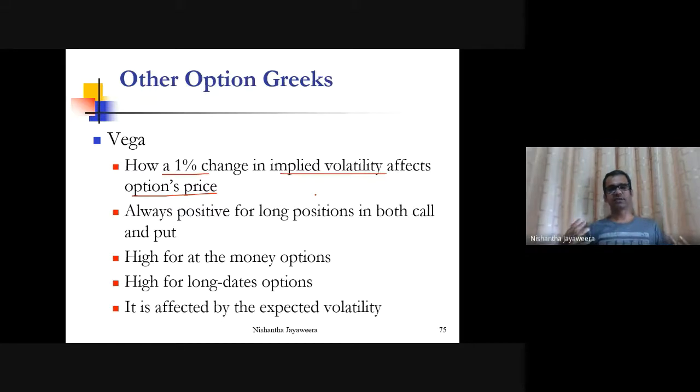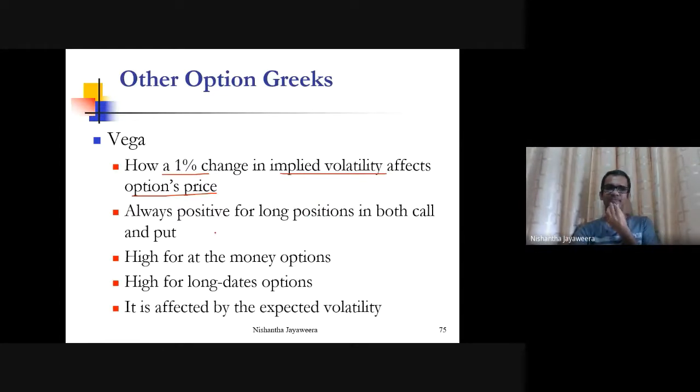It's not the other way around, like in the yield and duration. If yield increases, price decreases. That's why we have duration negative. But here, volatility increases, option price increases, volatility decreases, option price decreases. So the sign of Vega is always positive.